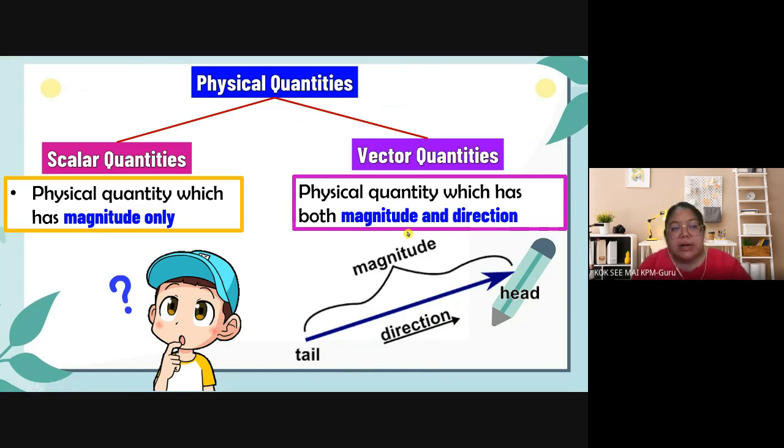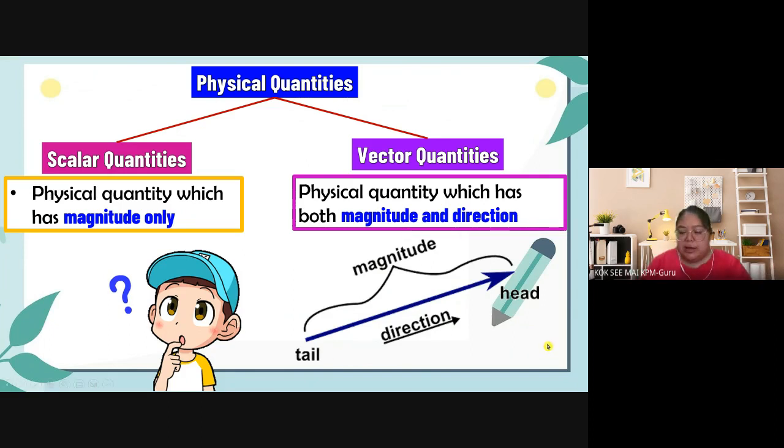They will tell you, run to the tree, or run to the left, or to the right. So that is magnitude and direction. That is the difference. Scalar quantity has totally no direction. Vector quantity must have direction.